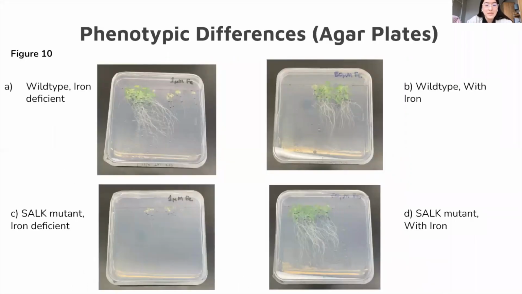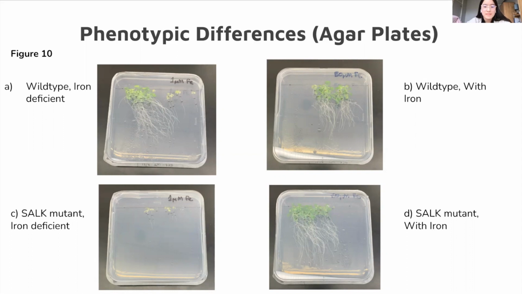We measured the average growth of the roots over the first 2 days, which was 0.8 centimeters for the wild type in the iron deficient condition, and then 0.9 centimeters for the wild type that was not in the iron deficient condition, 0.3 centimeters for the Salk mutant in the iron deficient condition, and then 0.7 centimeters for the Salk mutant in normal iron conditions.